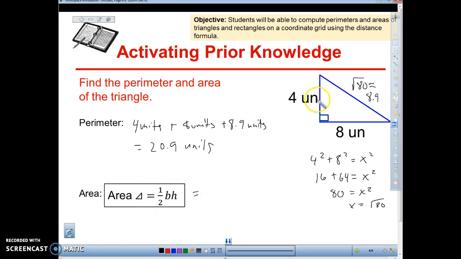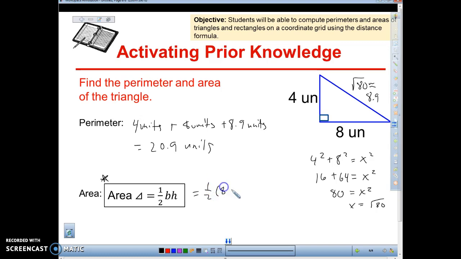For area, it is 1/2 base times height. Make sure you write this down if you have forgotten this. This is going to be a very, very useful formula in this unit and going forward in math. So area of a triangle is 1/2 times the base.